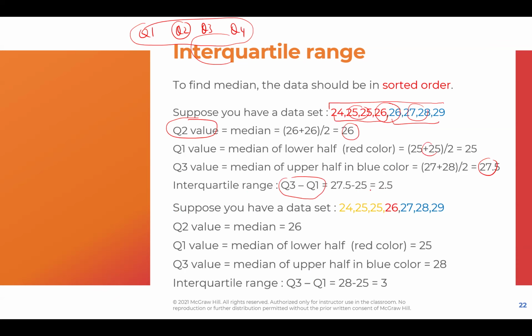Suppose the data has an odd number of values. So the median is 26 straight. You take these values and find the median, which is 25, and for these values the median is 28. So your interquartile range is 28 minus 25, which is 3. All right, I hope you understood that.